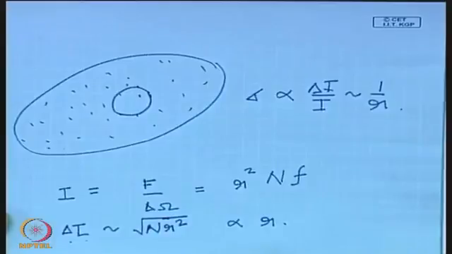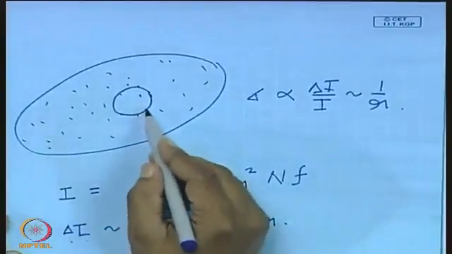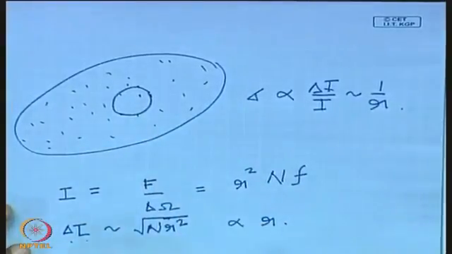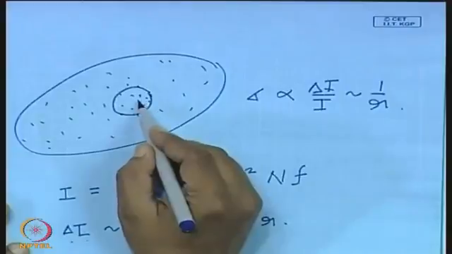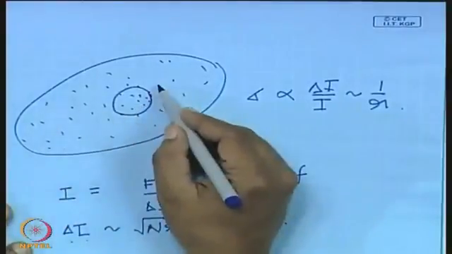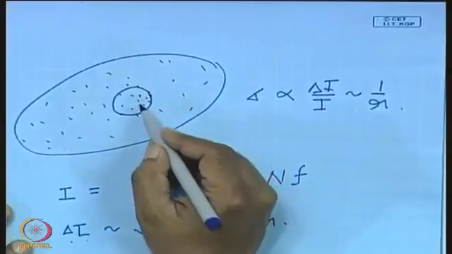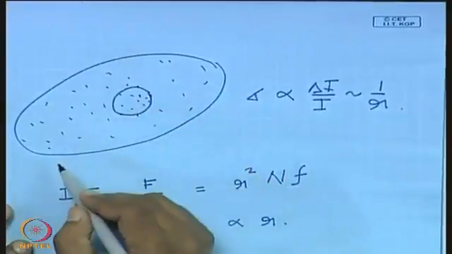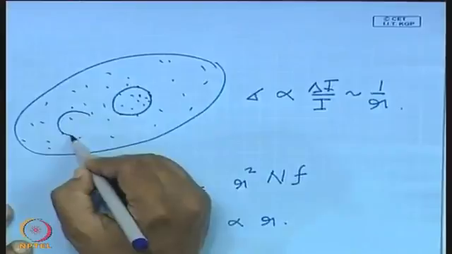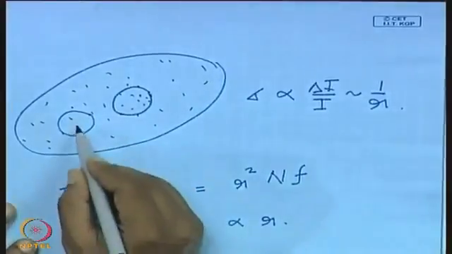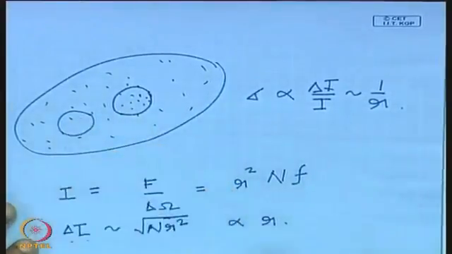Okay. Because the further away the galaxy is, the more stars I will have in the same solid angle. See, if it were a continuum of stars, there would be no fluctuations at all. The fluctuations come because it is discrete. So, if I put the same area here, I will get a different number of stars, the number will not be exactly the same.